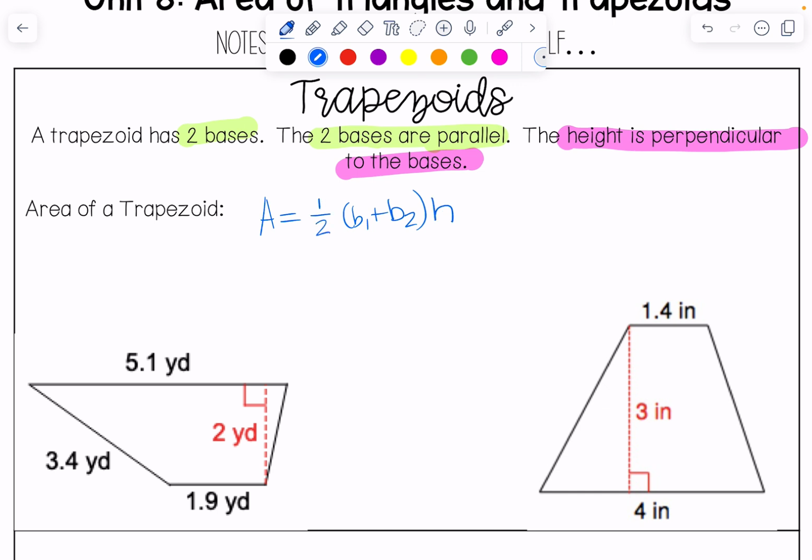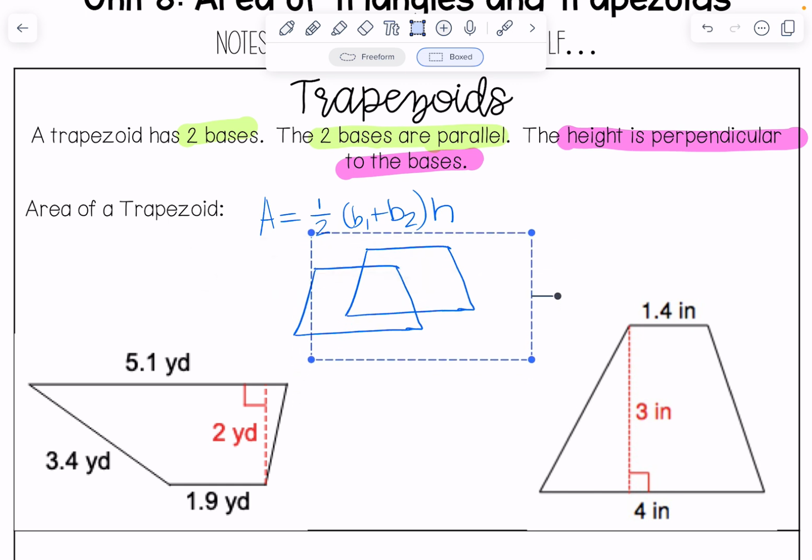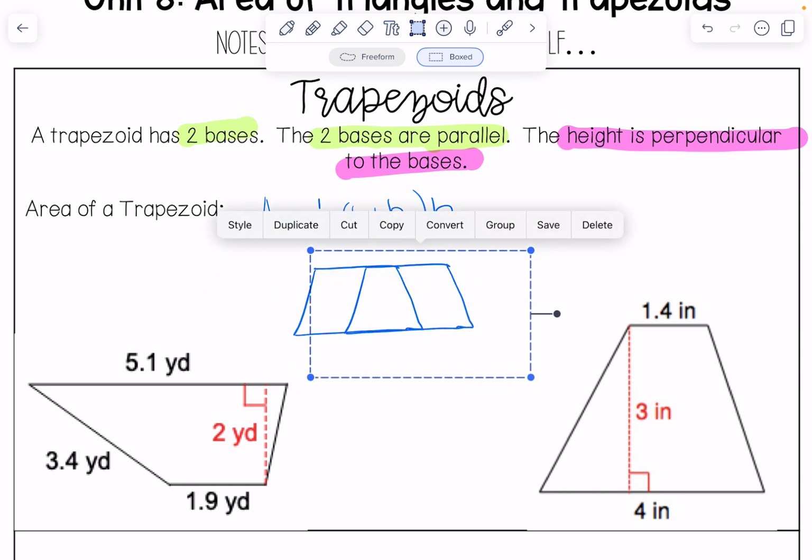Where that comes from, here's a quick little diagram. I have two trapezoids here. They're not perfect, but let's just imagine.